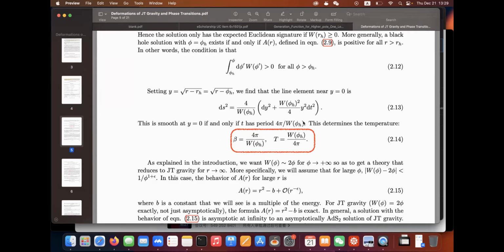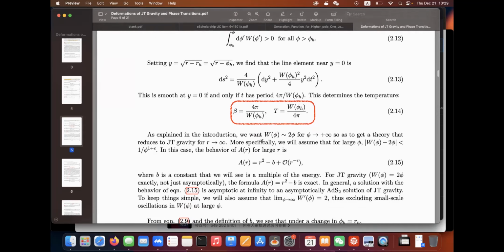So it gives the temperature. You can also calculate it by the Hawking formula, but it's not so hard. Anyway, the temperature of the black hole, at the horizon, is equal to the potential at the horizon.